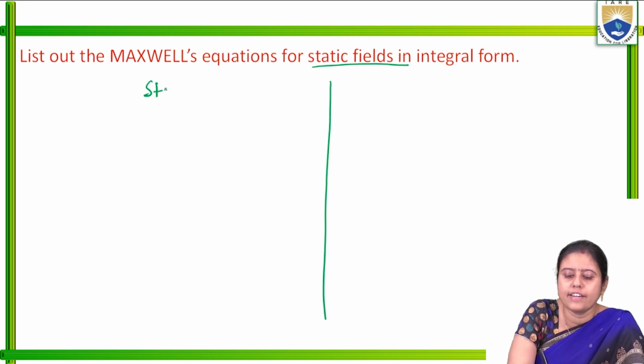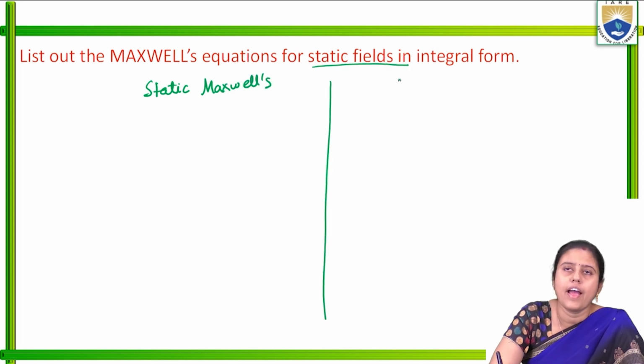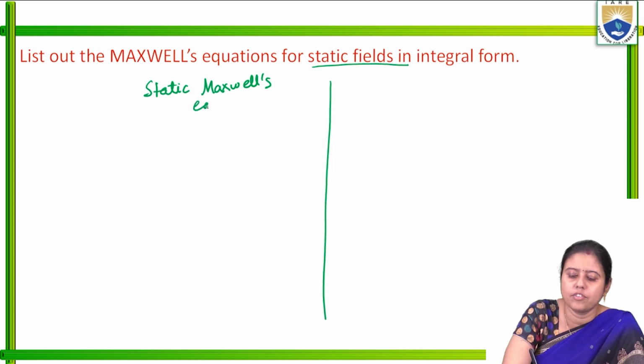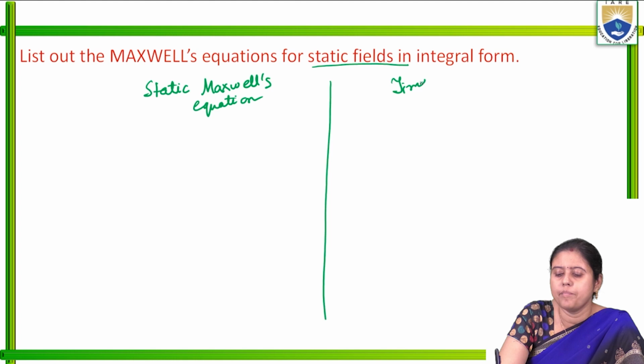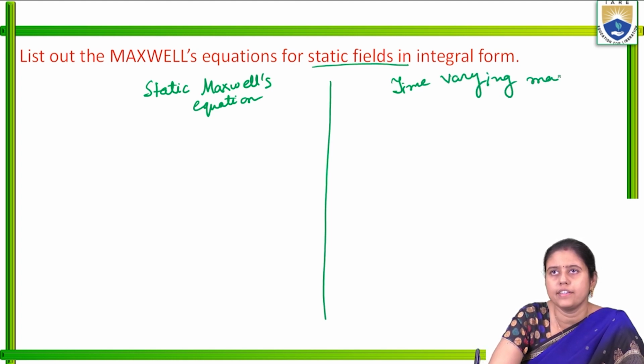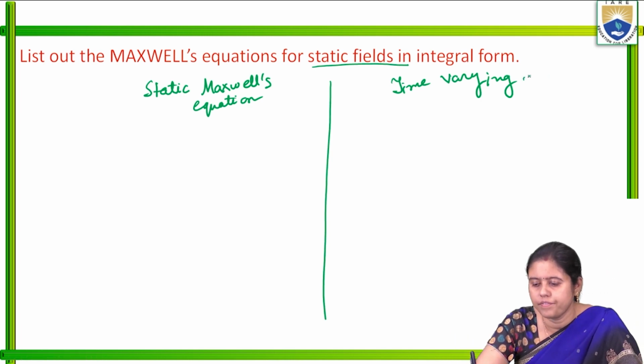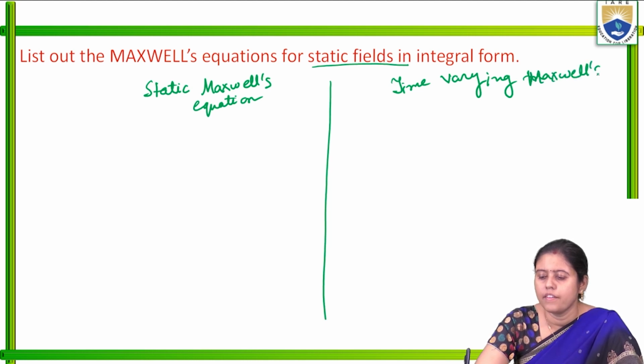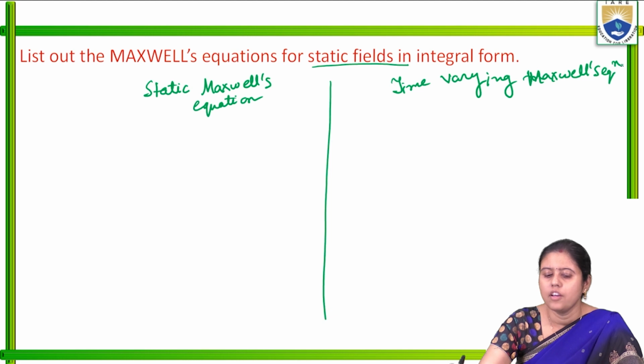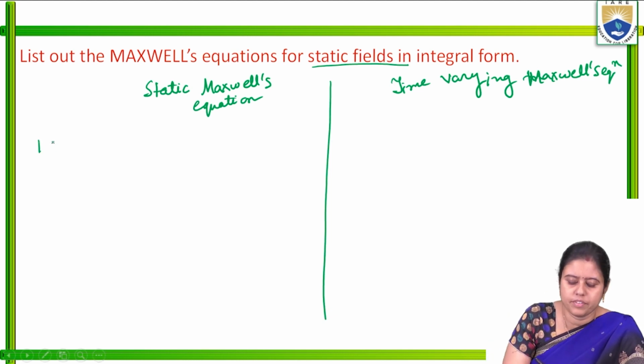One we will call the static Maxwell's equations, and another one is the time varying Maxwell's equations. The static ones are again of two types.